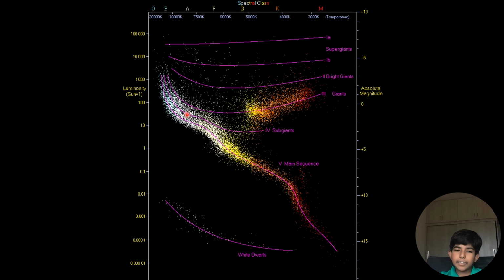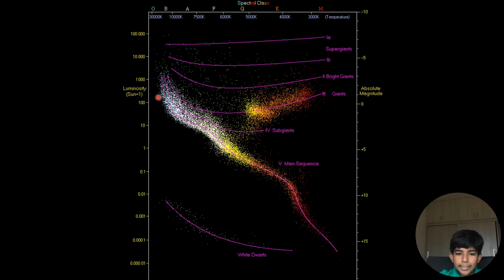However, the relative luminosity increase is not that high. Let's take an example of the sun. It goes from 1 solar luminosity to around 100 and then to 1,000 solar luminosities.